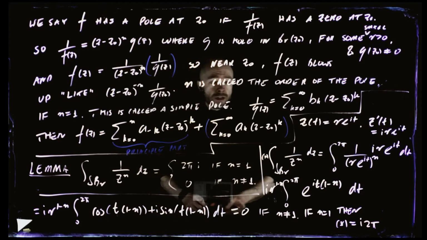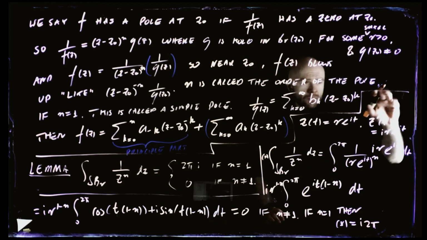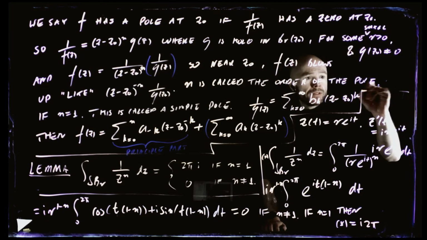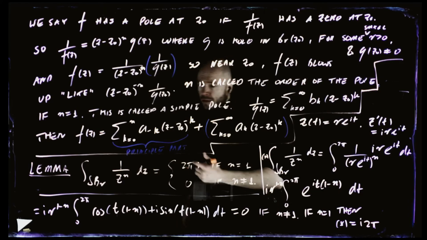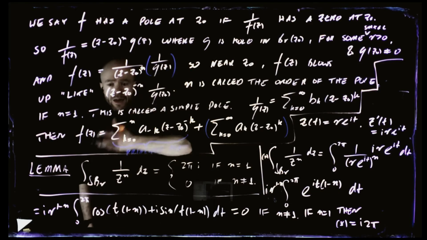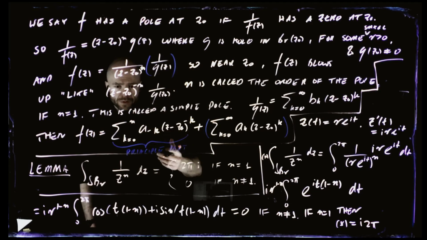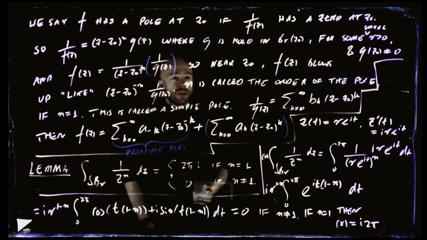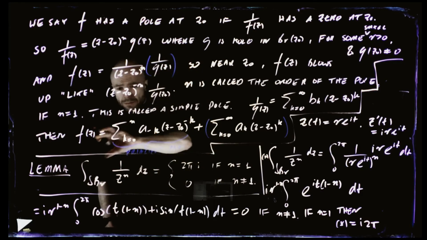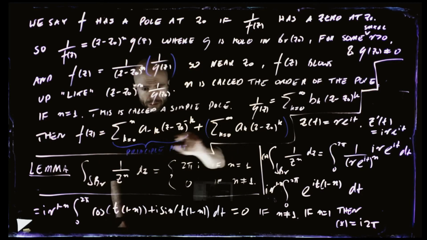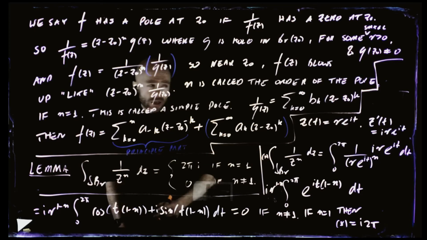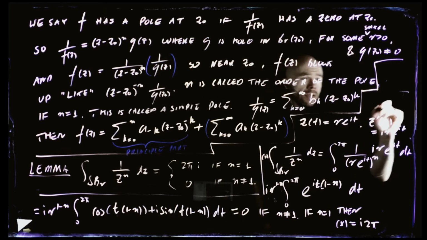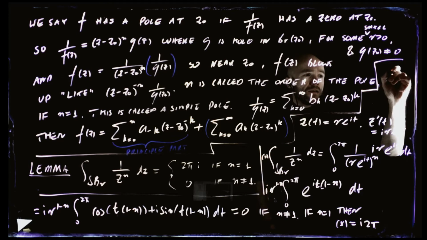Cool. All right, so why did I take you through this? Well, let's see what happens if we have a function with a pole. If we have a function with a pole, then our theorem is that we can write it in this form like this. Let's take our function with a pole and integrate a little circle around z0 itself.